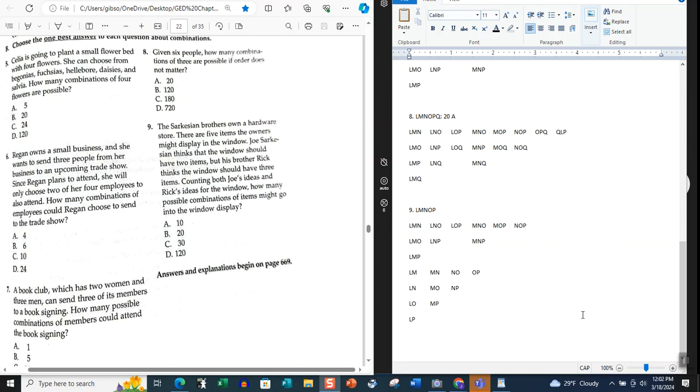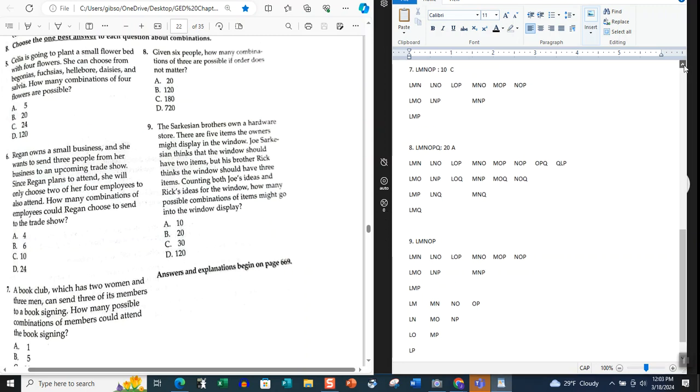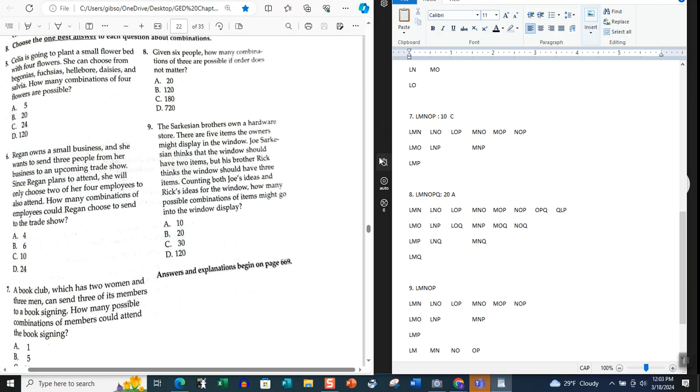Okay, now for number 9, if you notice here, I use L, M, N, O, P to designate the different items that these 2 people have. And so what I did, if you go back to question number 7, it talked about 5 items and you pick 3.